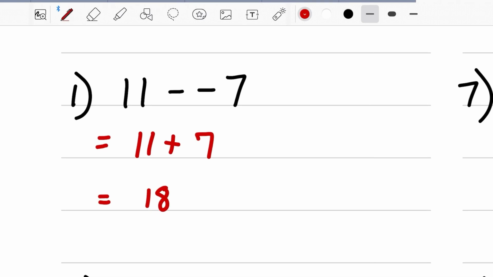Now, if at any point in the exercise you don't know how we get from the second step to the third step, feel free to take a look at how we evaluate directed numbers without adjacent signs, because it is the same rules as we were using before.